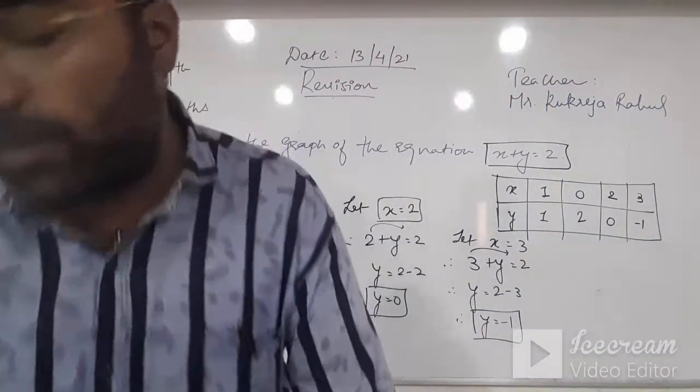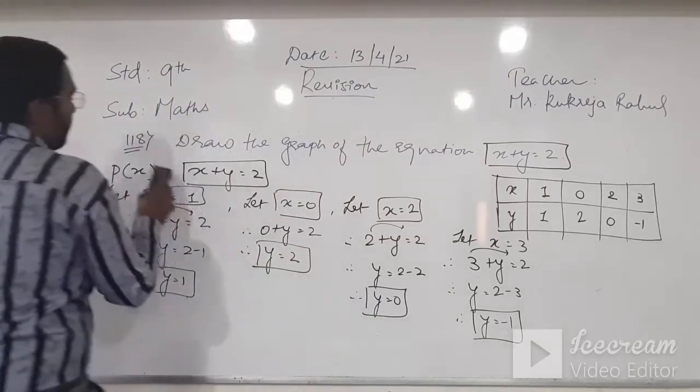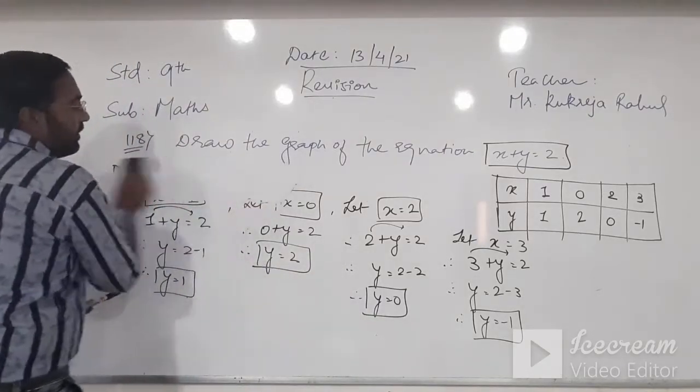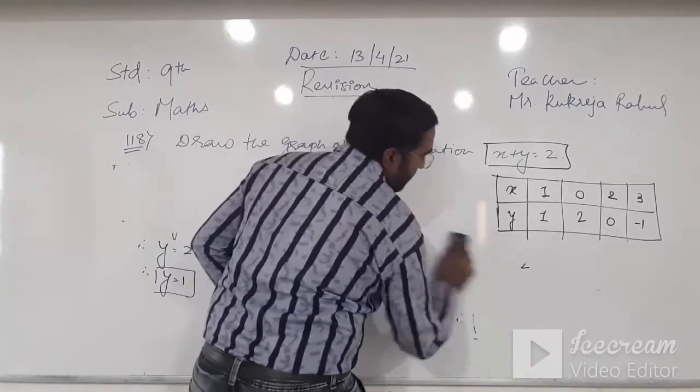Clear? Now we are drawing the graph of all these coordinates. Okay?